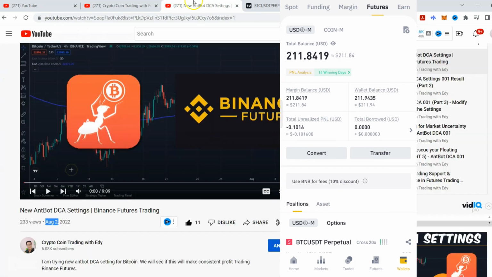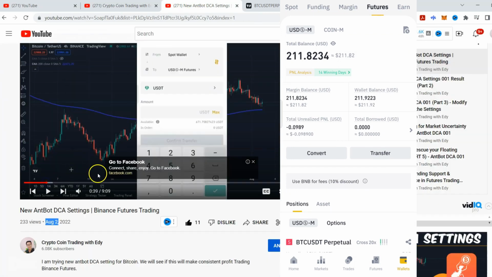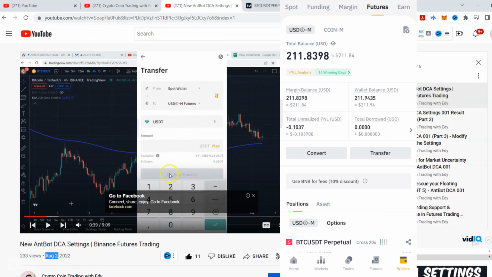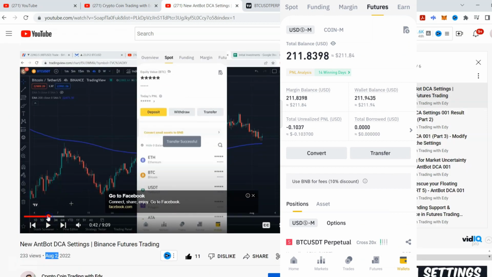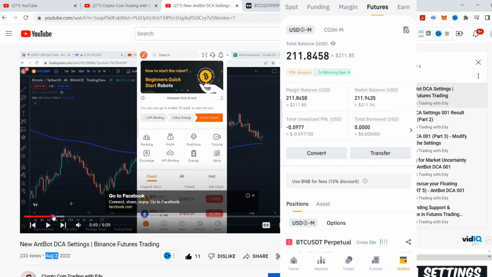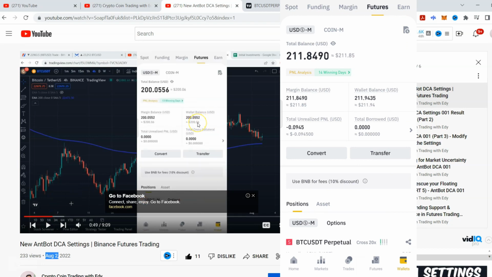Again, in episode 1, I showed you I transferred $200, right? In episode 1 we had $200, and now we have $211, minus the floating loss right now, which is negative 0.08. So it's $12 profit, minus the AntBot fee.